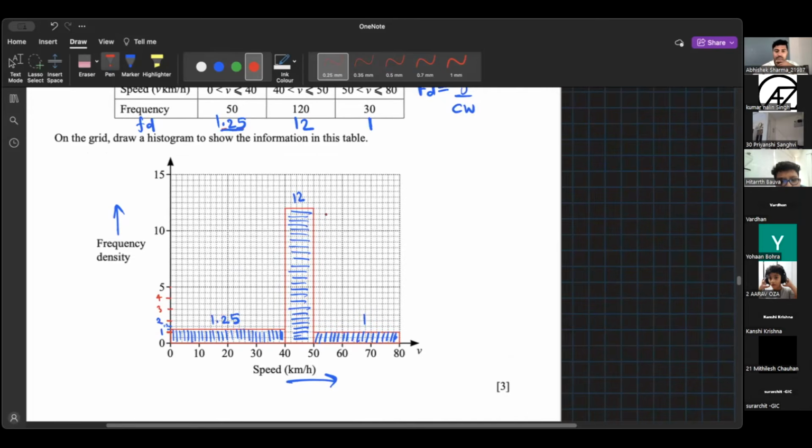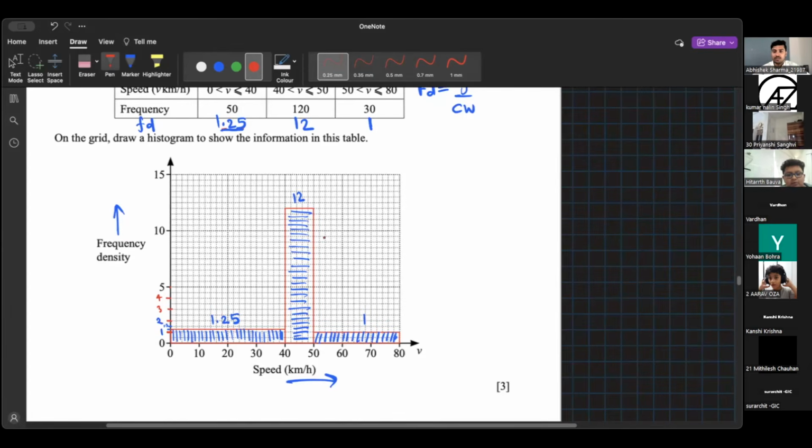I'm not talking about the shaded line. I'm talking about the trend line, where we draw from 0 to 20, 1.25, then like that in the middle of each point. It's not compulsory to mark, but you can mark 1.25, 12, and 1.